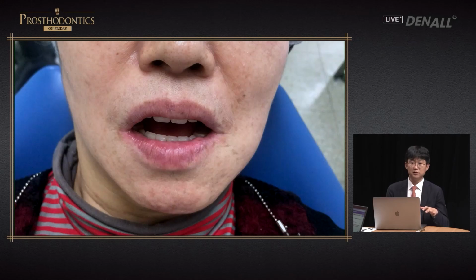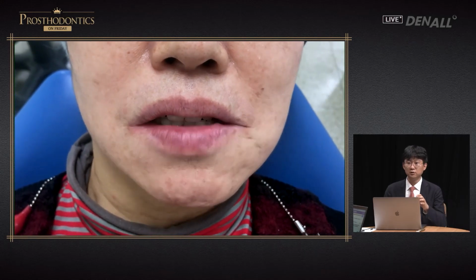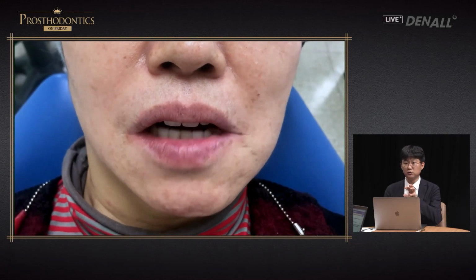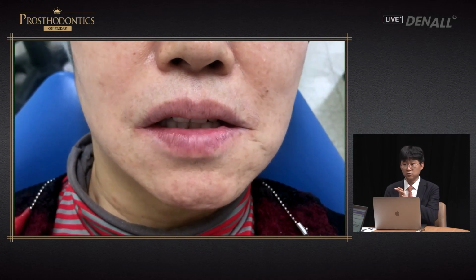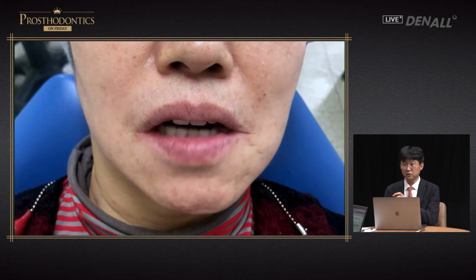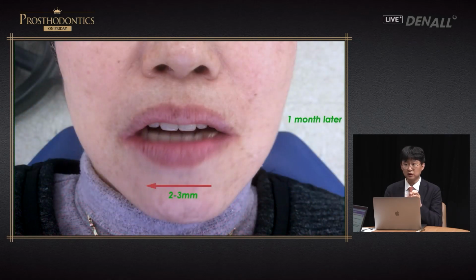On the day of treatment denture delivery, on the day the midline is right on spot, the patient is currently using the existing denture. You could notice that the entire mandible is displaced to the left a little bit, and with the passage of 1 month of time, the mandible is changed quite a bit.